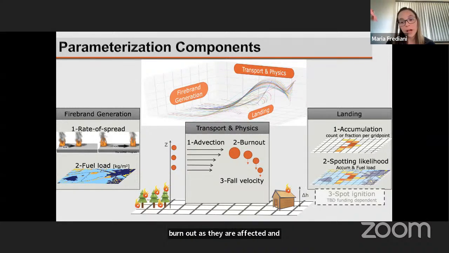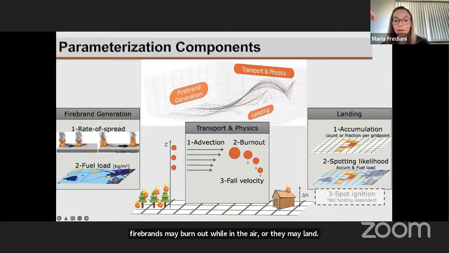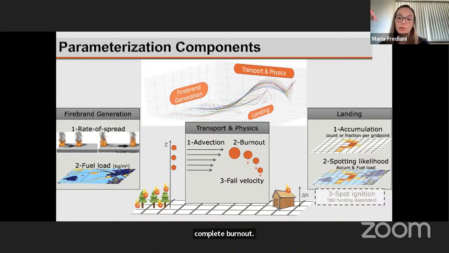The firebrands may burn out while in the air, or they may land if their trajectories descend below a specified height threshold. Particles that land before complete burnout are then accumulated in a two-dimensional field. The field obtained from the spatial accumulation is used to calculate a likelihood of new fire ignitions due to spotting. The spotting likelihood is basically the spatial fraction of landed firebrands within the interval between consecutive model outputs, scaled by the fuel mass at the landing location.